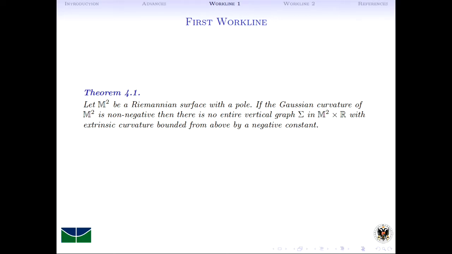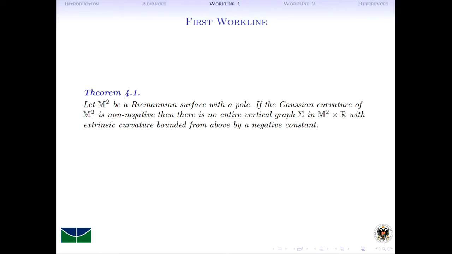This result is saying the following: Efimov's theorem holds under this condition for product spaces.